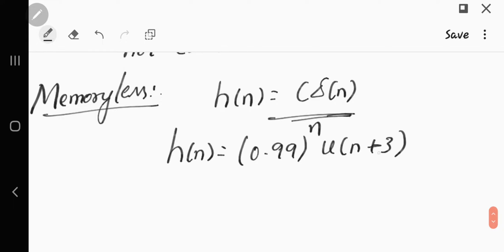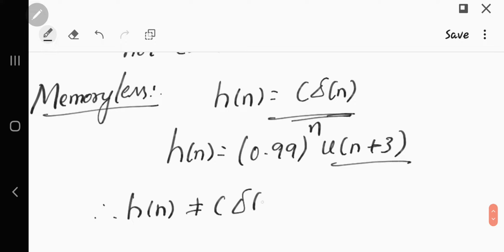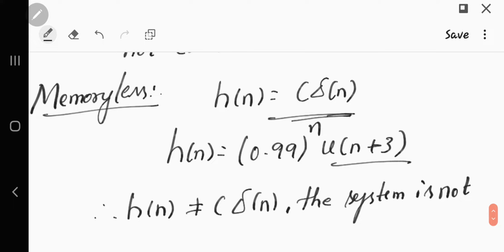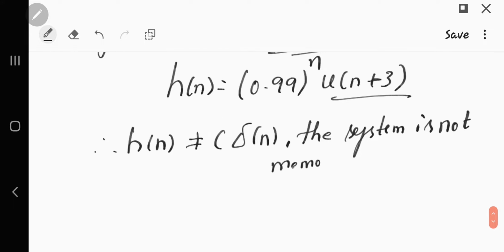If you compare this and this, the equation is not satisfied. So h of n is not in the form of c into delta n. Therefore, the system is not memoryless.